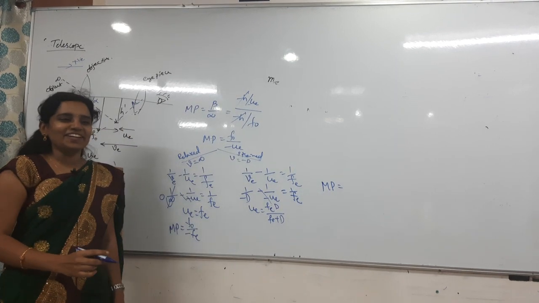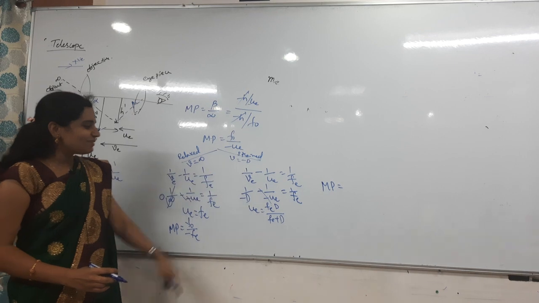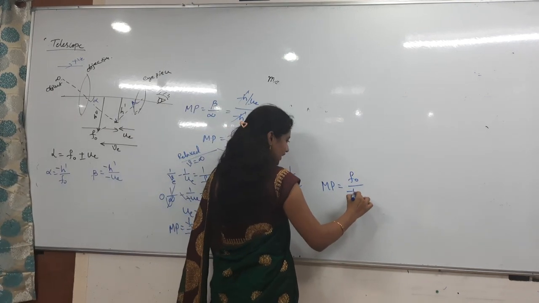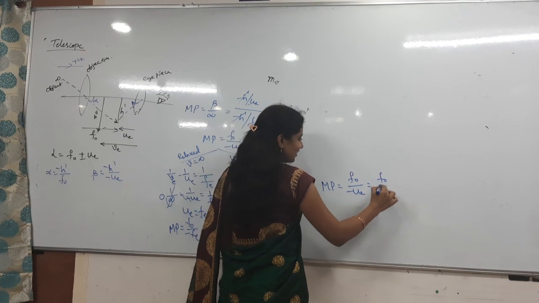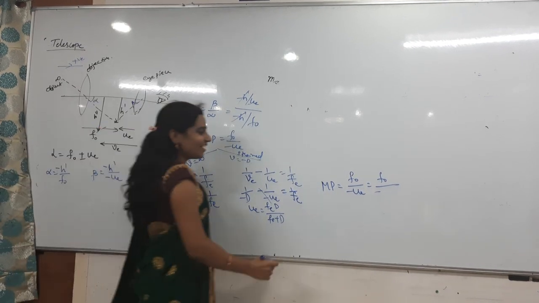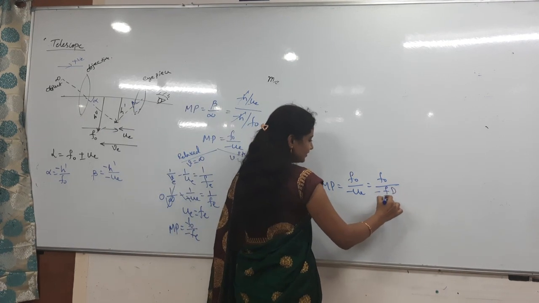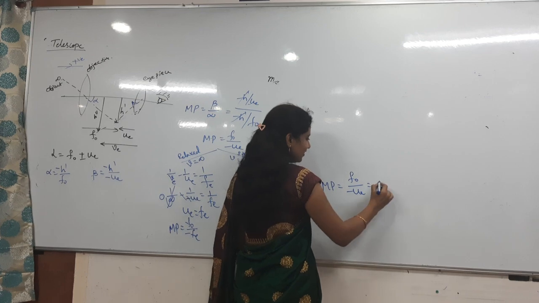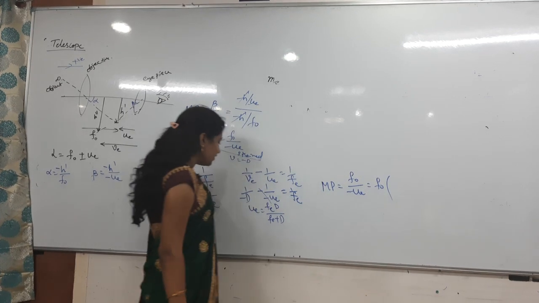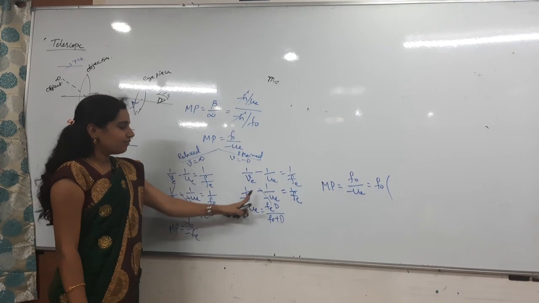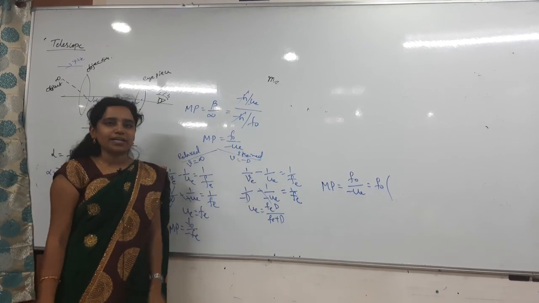What is the magnifying power here? F naught by UE. UE value is Fe into D by Fe plus D. F naught, 1 by UE value is how much here? 1 by UE is equal to how much I can write? 1 by Fe plus 1 by D. Correct?